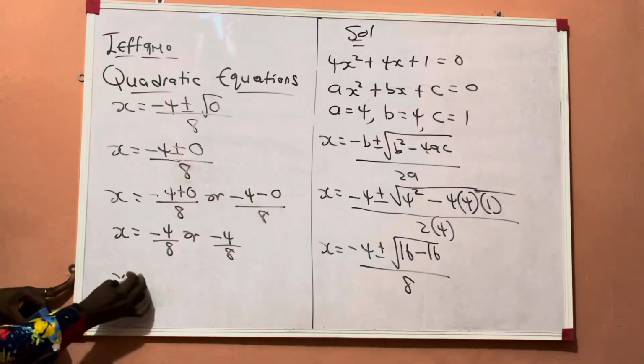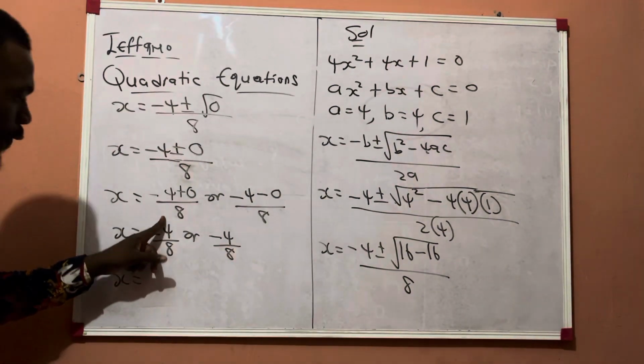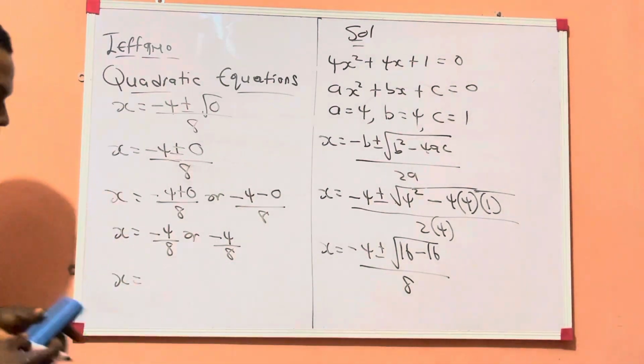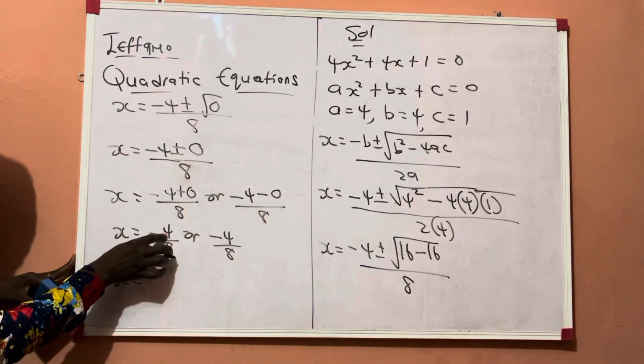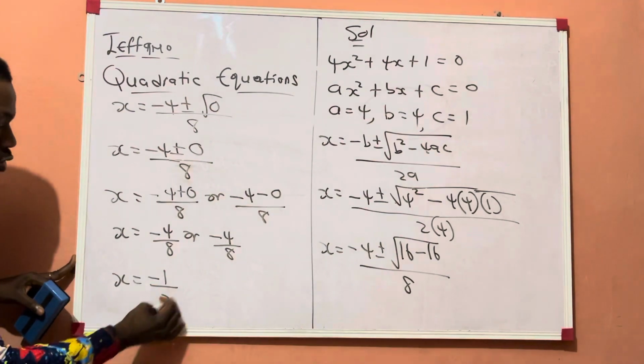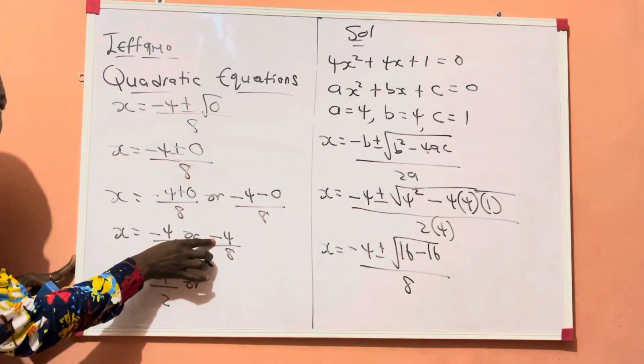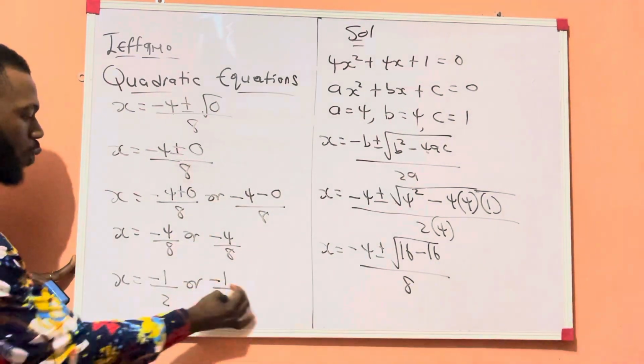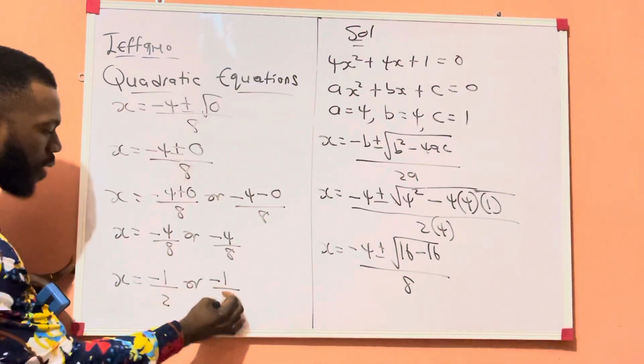Now, if we cancel out, I believe 4 can cancel 4, and 4 can also cancel 8. When we do that, if 4 cancel 4, we're going to get minus 1, and if 4 cancel 8, I will get 2. Or, if 4 also cancel minus 4, I will get minus 1, and when 4 cancel 8, I will get 2.